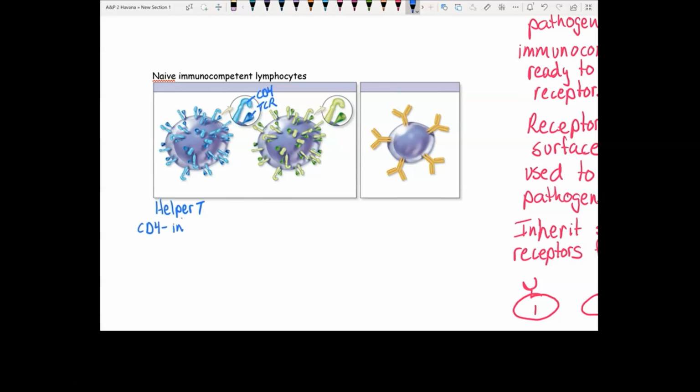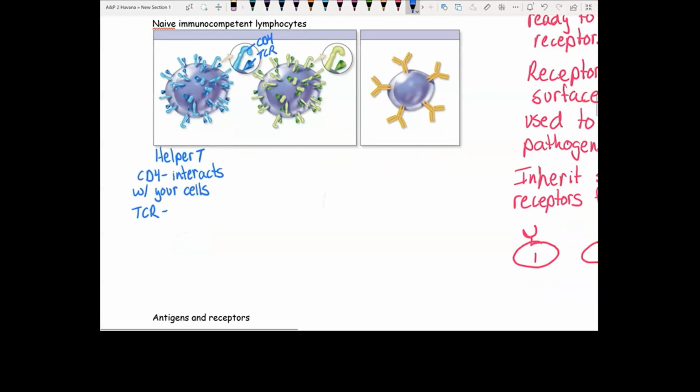This is a protein that interacts with cells of your body. The funnel-shaped one is the TCR. This is the one that identifies and interacts with pathogens. This is the one that comes in different shapes.